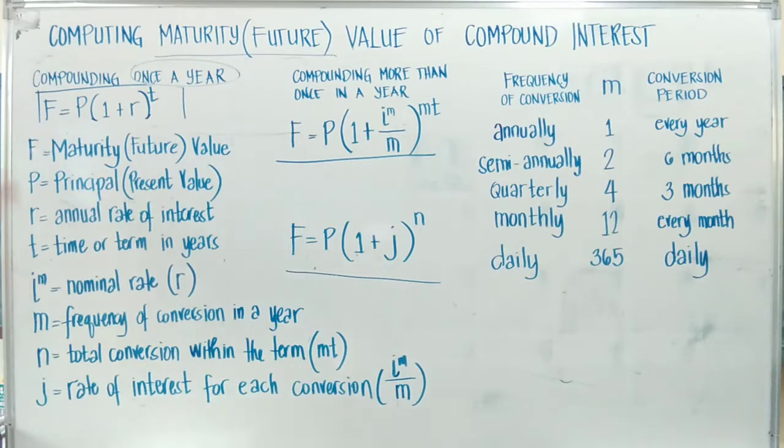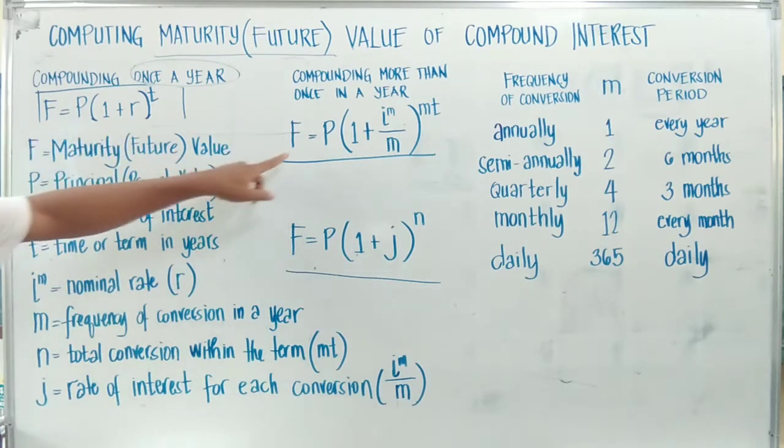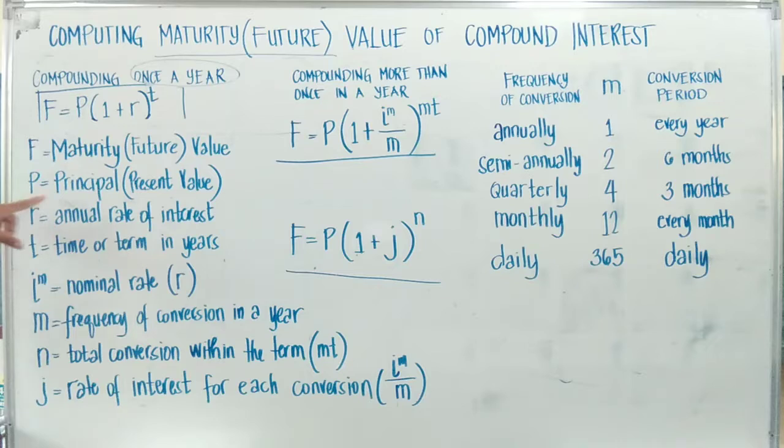I will discuss it further later, but first let us identify these terms. Of course, F and P were already discussed in other videos, but let's review them. F equals maturity or future value. Then P is your principal or present value.